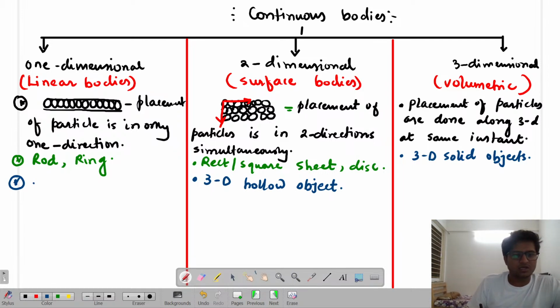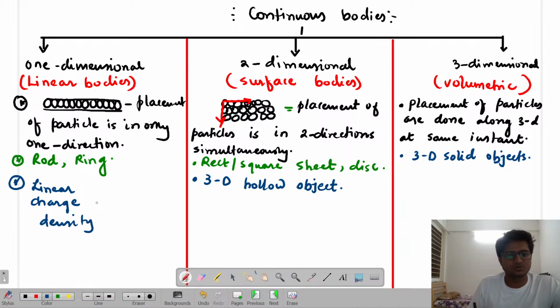So for linear bodies we have a linear density function, right or not? We call this linear charge density or mass density. For a linear rod, like a rod having charge, a conductor, we will not use surface density or volumetric density. We will use linear charge density, and that is denoted by lambda.